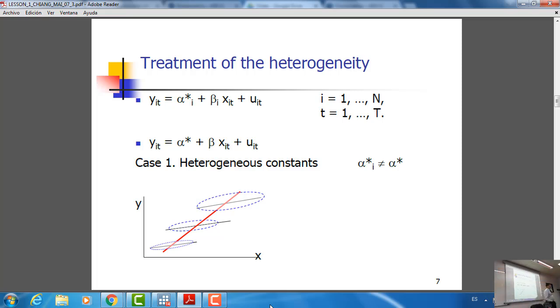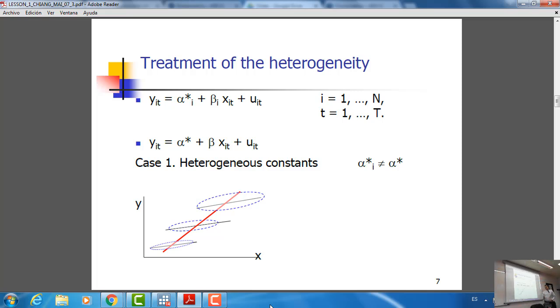The red line is telling us that there is a common constant and a common slope that is common to the 3 individuals, but if you look at the graph, you will see that the common slope is like 3 or 4 times more steep than the individual slopes, and you will see also that the constant, this constant here, is way smaller, and negative, way smaller than the smallest one.